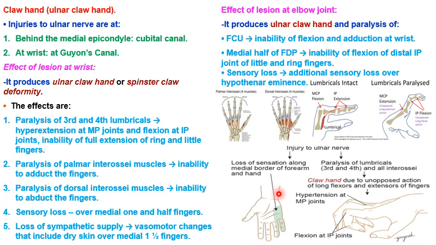So there is loss of sympathetic supply also because of the contribution from the T1 root.